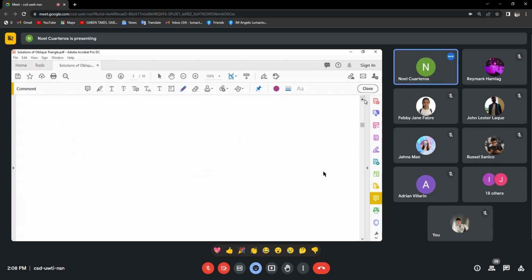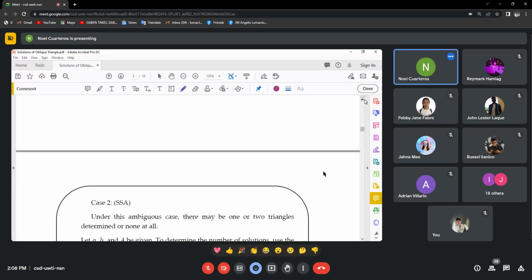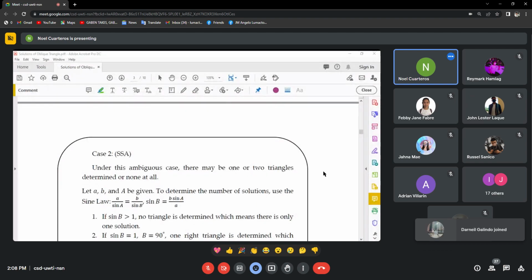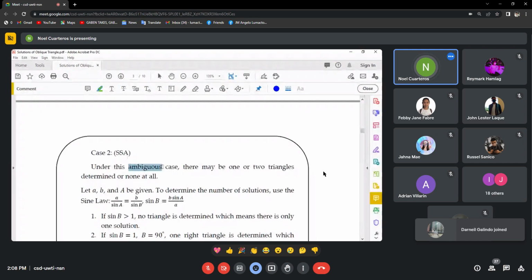Okay. Case number 2: we have two sides and an opposite angle given. Actually, case number 2 is also known as the ambiguous case. It is called the ambiguous case, class.